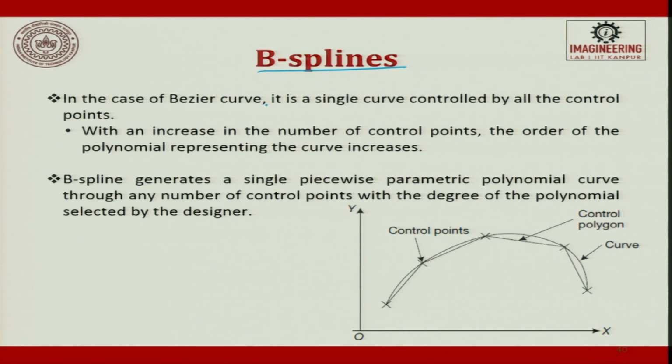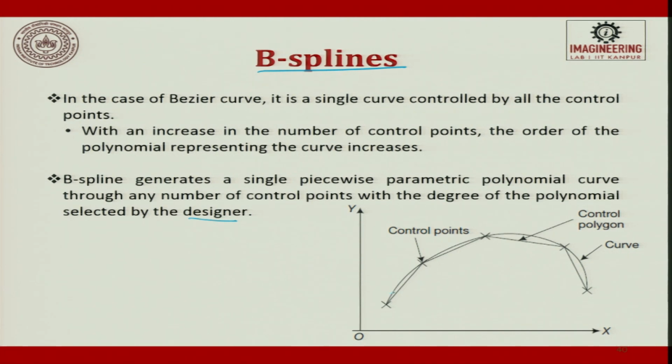In case of Bezier curve, it is a single curve controlled by all the control points. With an increase in the number of control points, the order of the polynomial representing the curve increases. So, more and more data points. B-spline generates a single piecewise parametric polynomial curve through any number of control points with the degree of the polynomial selected by the designer.